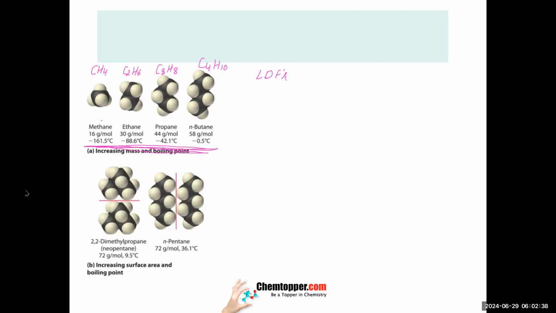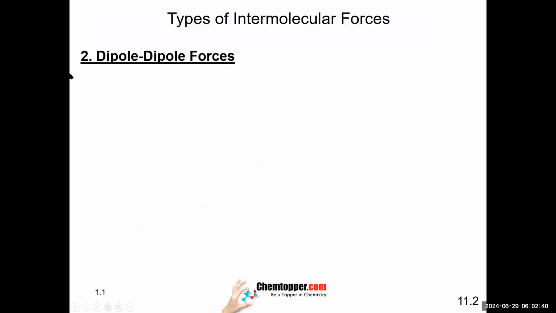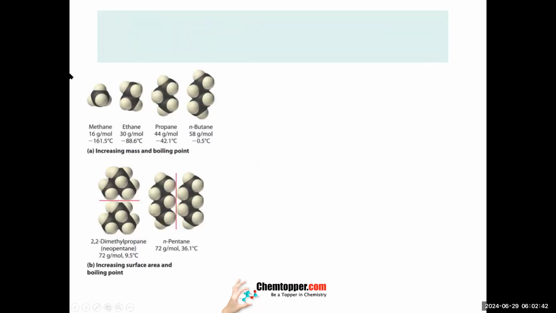Now I'm giving you another example. C5H12. This is the molecular formula. Now this can have all the 5 carbons connected to each other in a straight chain like this. You know that carbon can make a maximum of how many bonds? 4. So one bond is made.